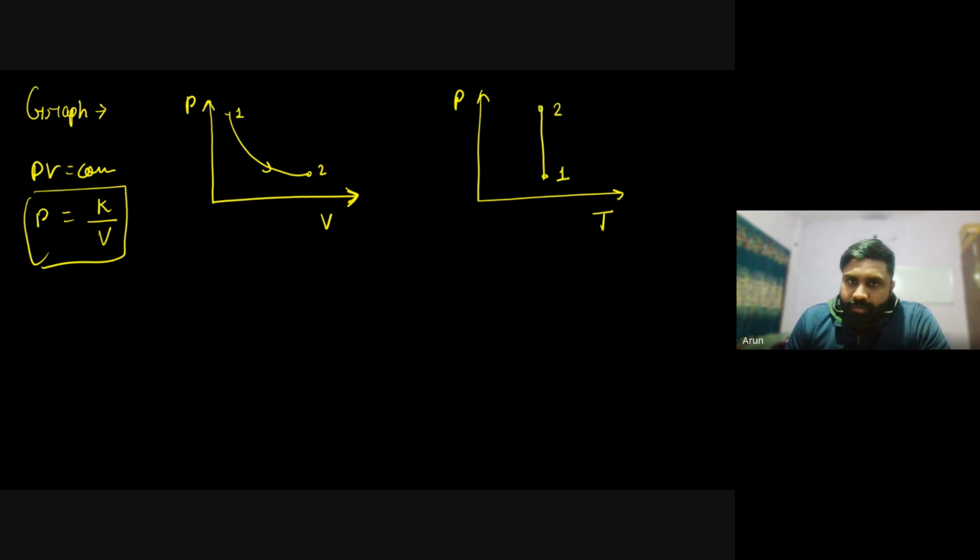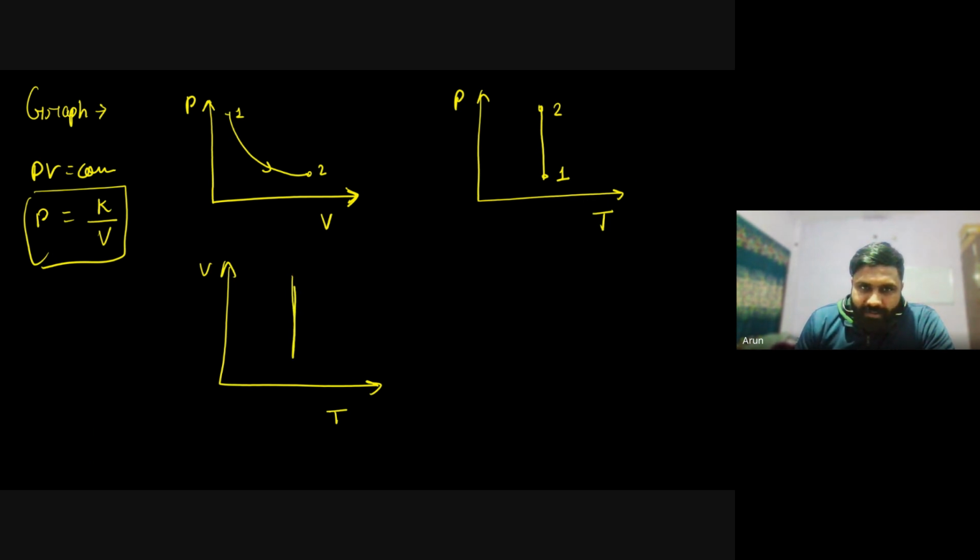If you draw the VT curve, volume versus temperature, it will be the same way because the volume is varying but temperature is constant. This is 1, this is 2. Try to note these curves. This is a very simple curve.